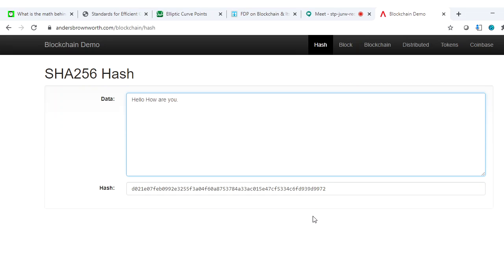We'll see whether the same 9972 will be available once I remove the full stop. Here there is no 9972, but you got a different hash, E888. That means even a small change in the original text will change the hash value.